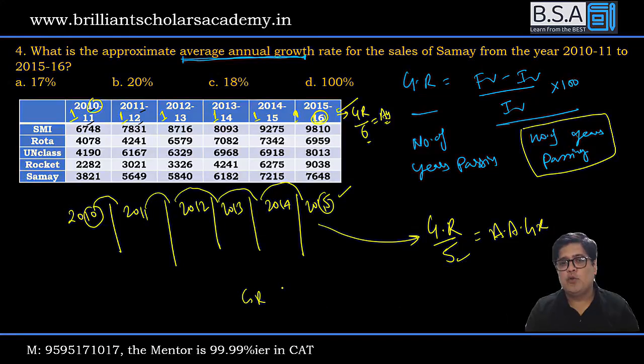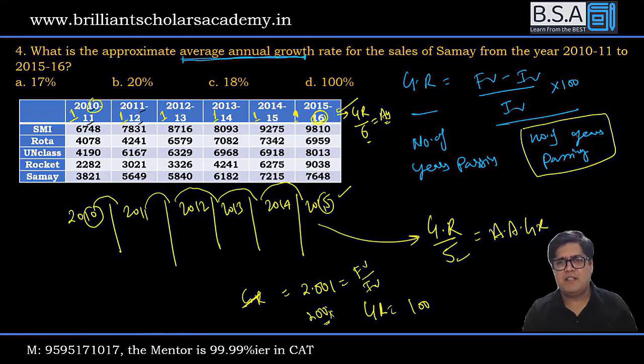The ratio is 2.001. That means the number is 200%. 200% means growth rate is 100%. This is the ratio of final value upon initial value. Fastest trick. So growth rate is 100.